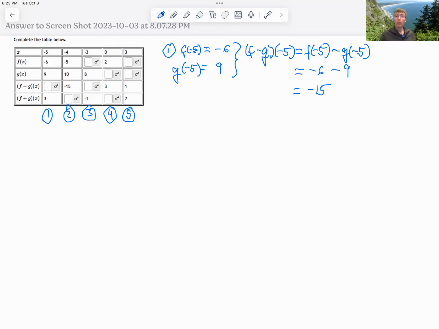I'm going to check myself by finding the f plus g of x, because it tells me the answer there. It's a nice way to make sure I'm getting the right idea of what I'm supposed to do. So this is now f plus g, so f of -5 plus g of -5.